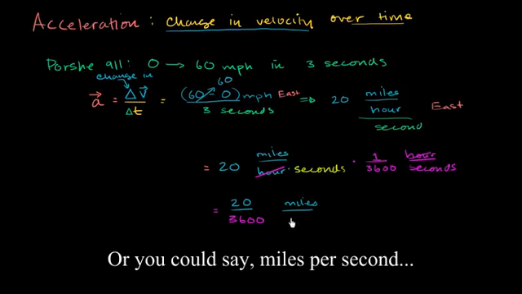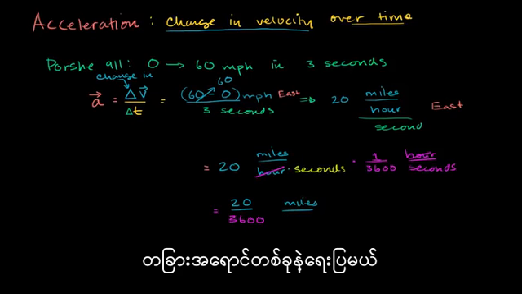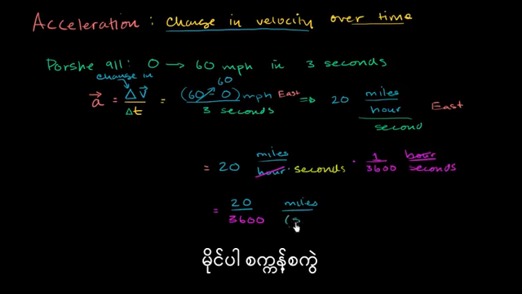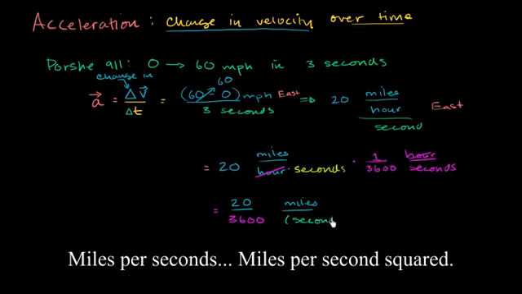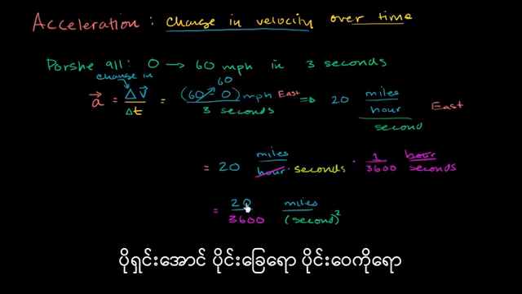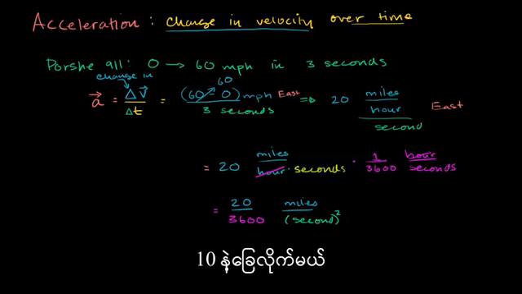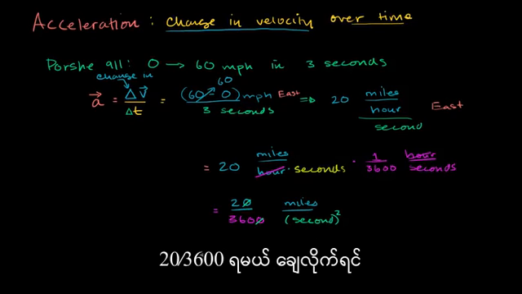Or we could say miles per second, I want to do that in another color, miles per second squared. And we can simplify this a little bit. Divide the numerator and the denominator by 10. You get 2 over 360.